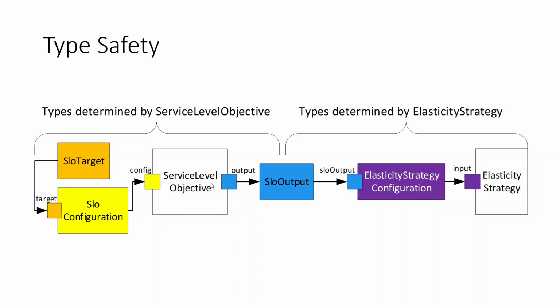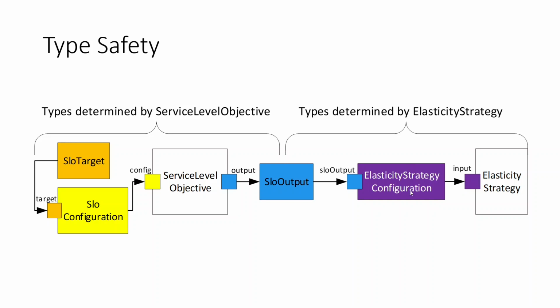Then on the other side, the SLO of course produces some output, indicated by the blue color. The SLO output is of course necessary as input to the elasticity strategy. So an elasticity strategy of course requires some configuration on its own, here symbolized by the violet color.